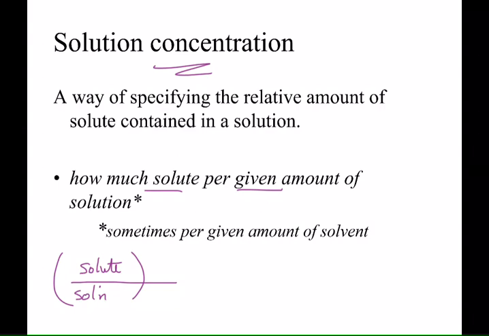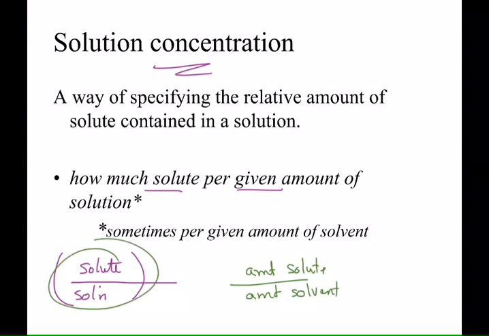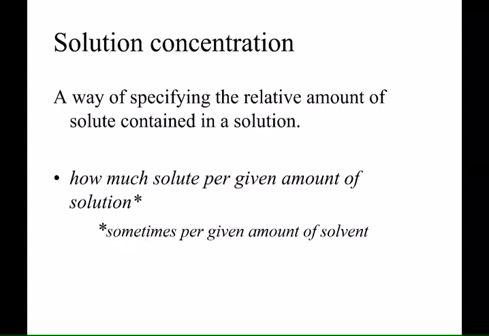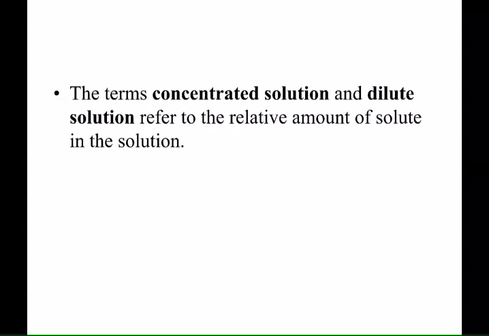Sometimes, and we're not going to get to it in Intro to Gen Chem, we go amount of solute per a given amount of solvent. I know, lots of S's. But this is amount of solute per given amount of solution. So we're going to talk about two ways of talking about how much solute is there in a certain amount of solution. These are just generic terms, no numbers yet here.